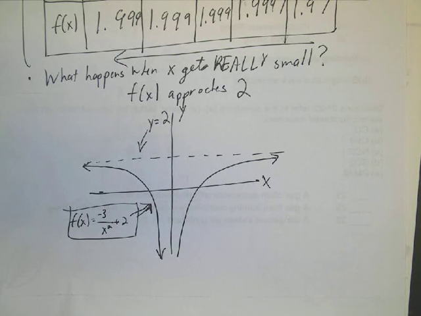Thus indicating that in both directions, as x goes to positive infinity and negative infinity, we should be seeing this approach 2. Again, for the reason that Denise mentioned, that first term basically goes away, and then you're only left with the 2. Okay?